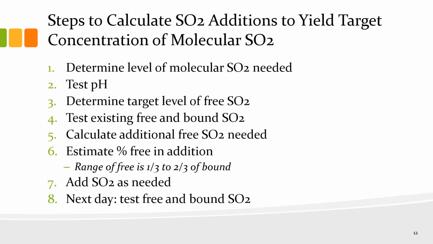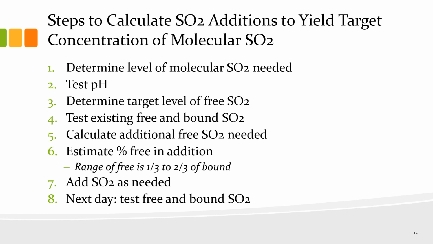In that next video, we are going to see these steps. These are the steps for calculating SO2 additions in order to yield a target concentration of molecular SO2. So we just talked about step 3 and really step 6 in this video. We talked about determining the target level of free SO2 depending on what you want to inhibit, yeast or bacteria.